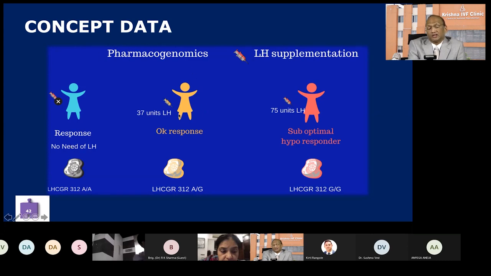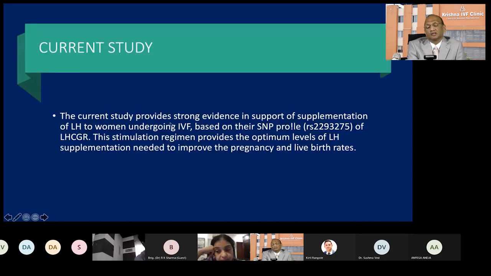If heterozygous, we give 37 units, and if G by G, 75 units, one ampule, but we never cross 75 units of LH. In the beginning years we may have given 150 units, but in the last 10 years we never cross 75 units, that is one ampule of LH per day with an adequate amount of FSH, and this has helped us to improve our pregnancy rates.